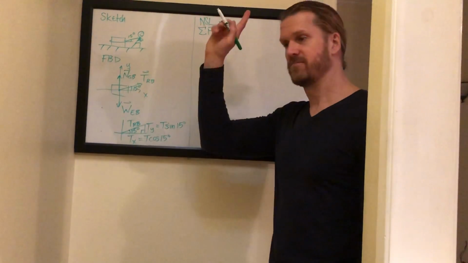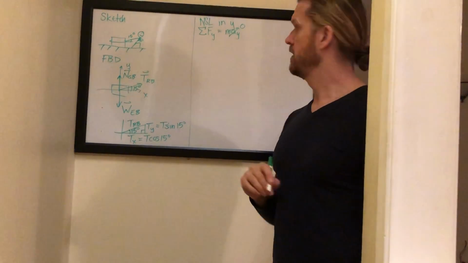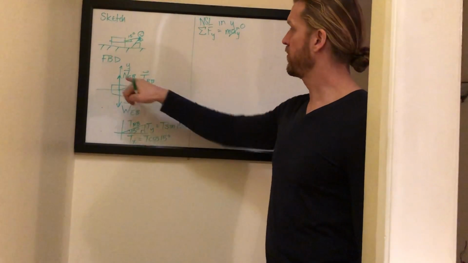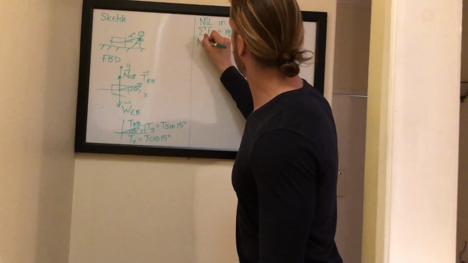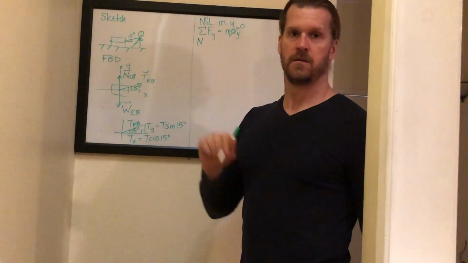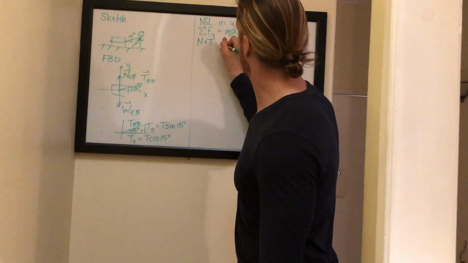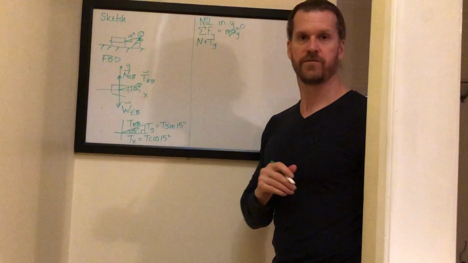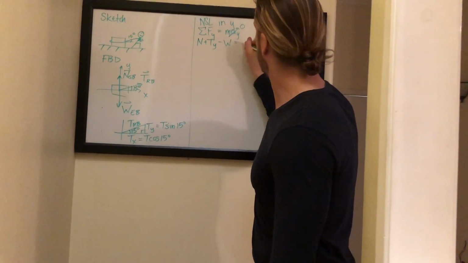The box isn't moving up or down. And we've got 3 forces in the Y direction now. You've got the normal force, that's going up. You've got this upward Y component of tension, and you've got the gravity force.